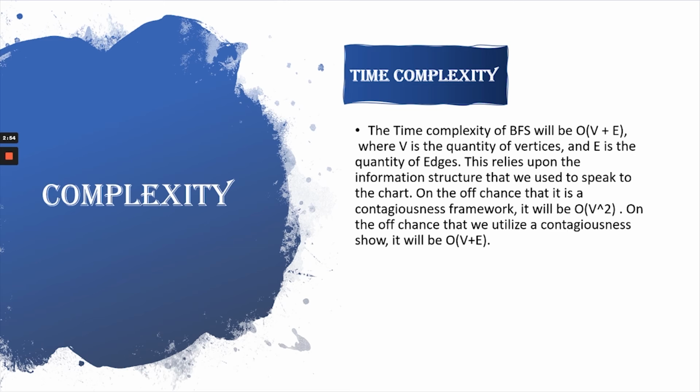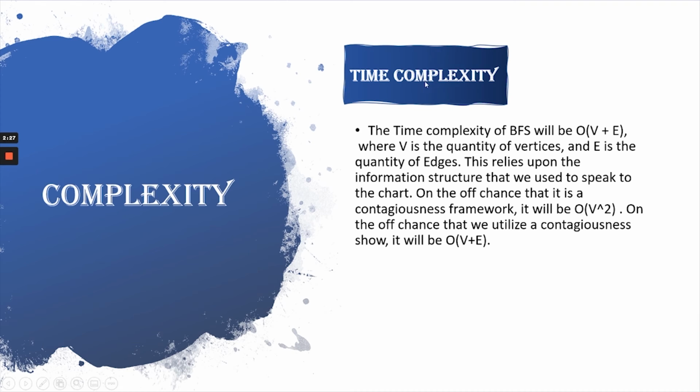The BFS in this case will be dominated by the number of vertices rather than by the number of edges. So the time complexity will be O(V). So what does O(V plus E) mean? It means whichever term is bigger will dominate the time complexity. This is why the time complexity of BFS is O(V plus E).